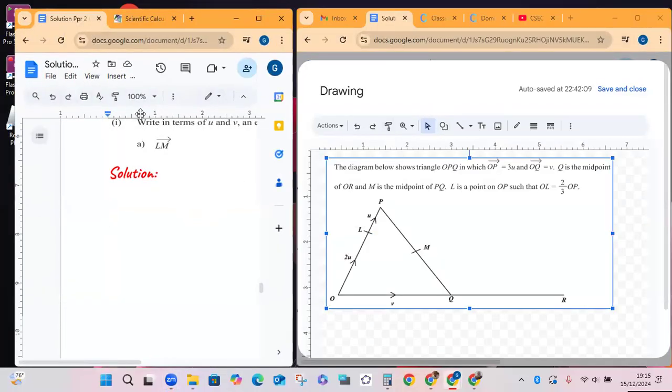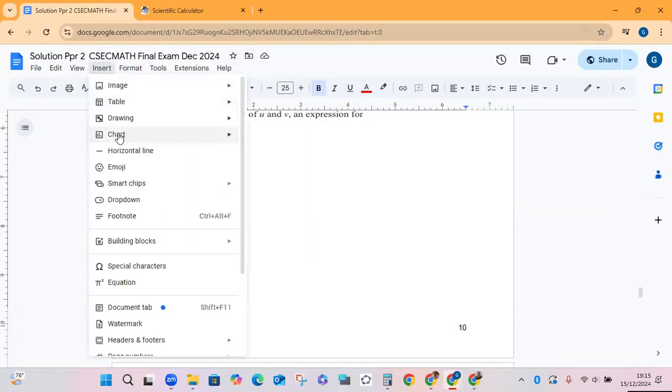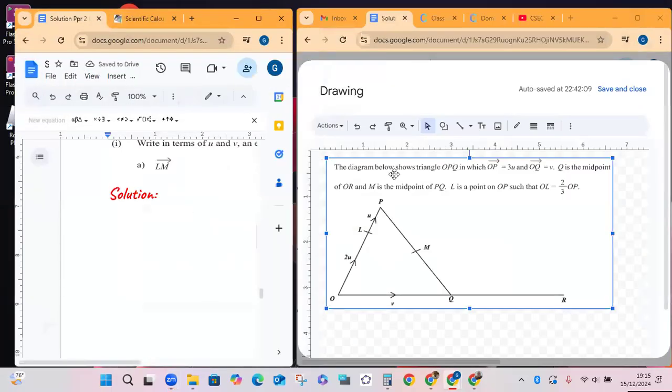So we've got to write this down. LM, we have to use vector notation, is LP plus PM.